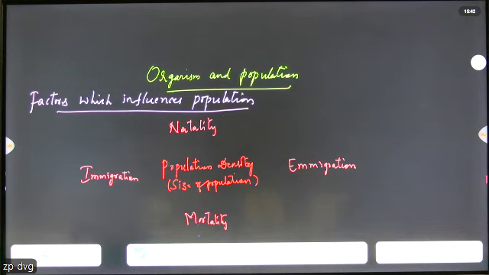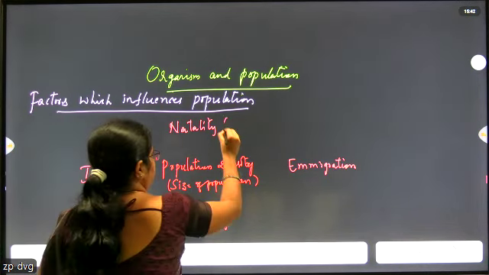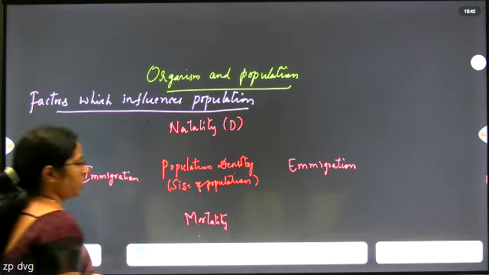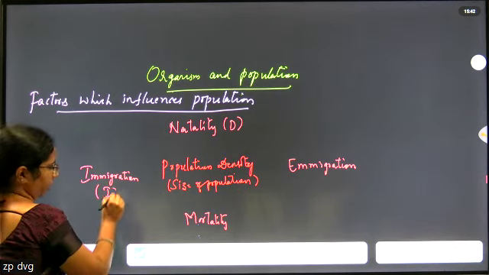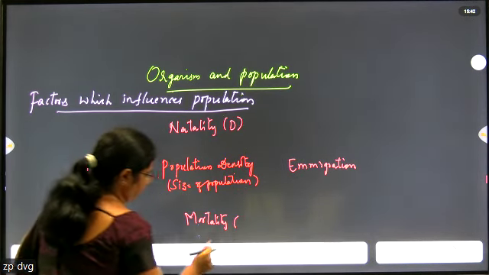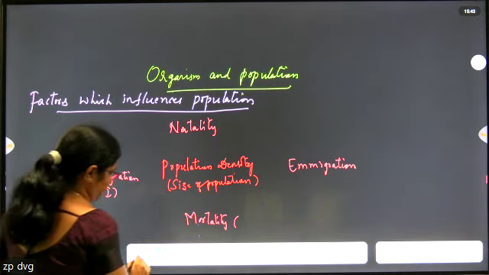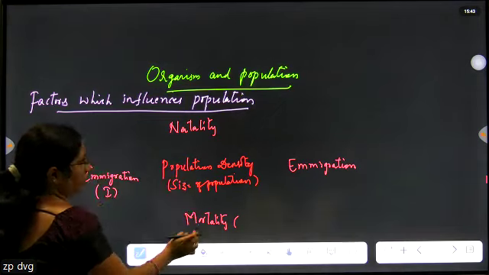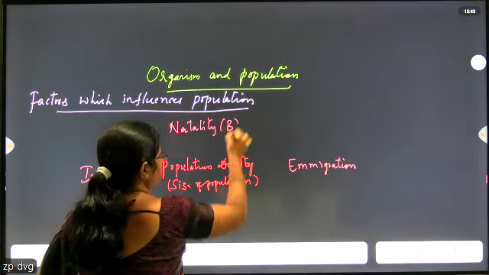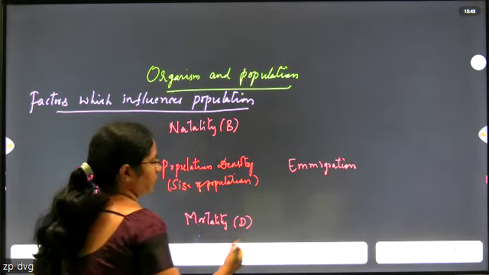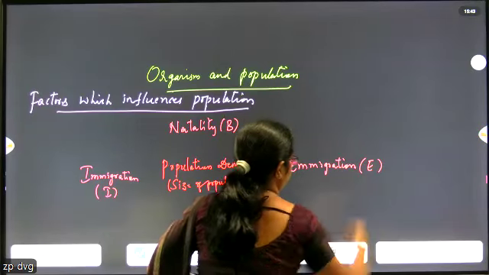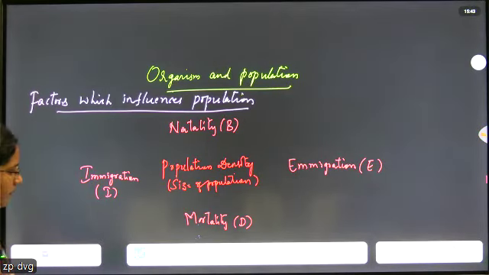We studied this right now. Natality is a birth rate, so it is B. Mortality is death rate, denoted as D. Immigration is denoted as I, and emigration is denoted as E. Okay.